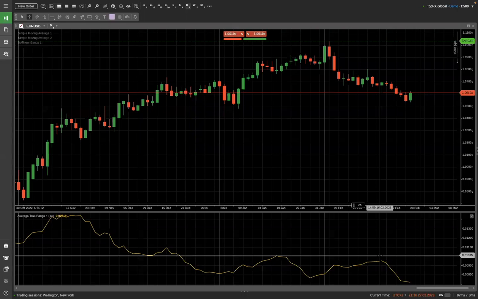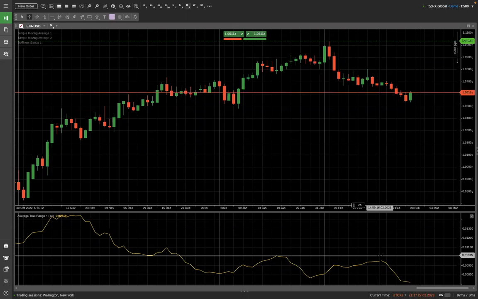In the average true range, there is a use of the true range, and this is the biggest of the three measures: the current high to low period, the previous close to the current high period, and the previous close to the current low period. The absolute value of the biggest of the three ranges is called the true range.